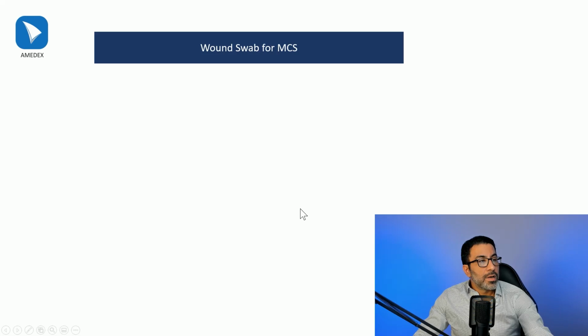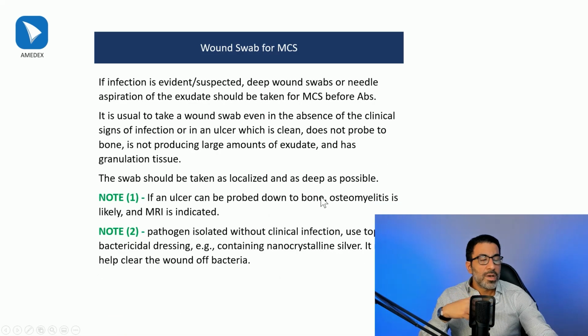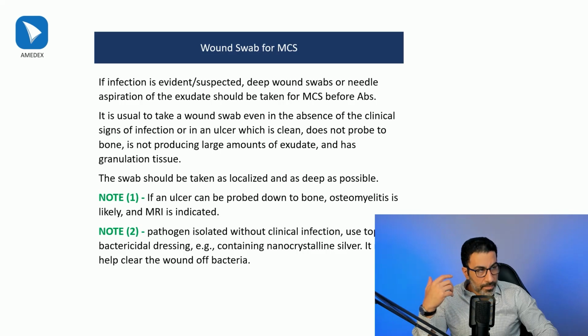Okay. Second, like I told you before, is wound swab for microscopy, culture, and sensitivity. We might do the swab, we might do an aspiration. Regardless of what technique we use, the aim, the goal of sampling the wounds is sending them in for microscopy, culture, and sensitivity prior to commencement of antibiotics.